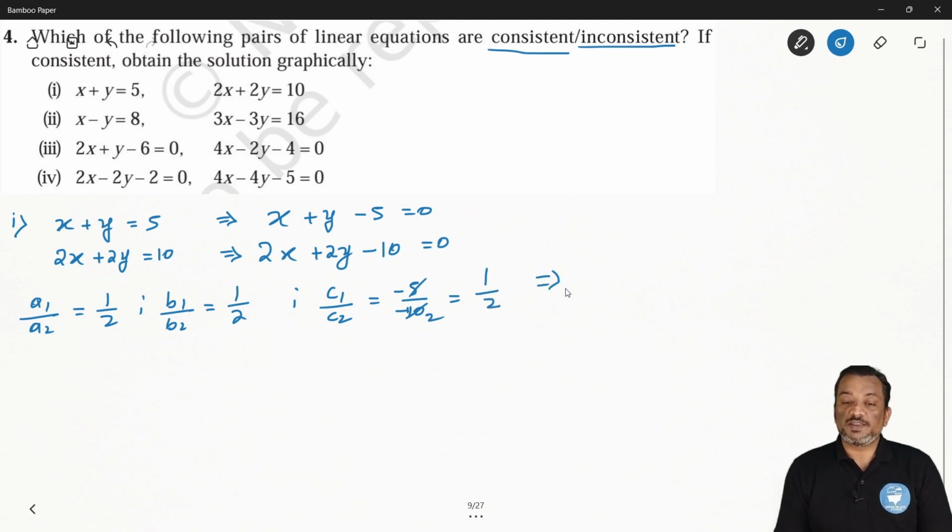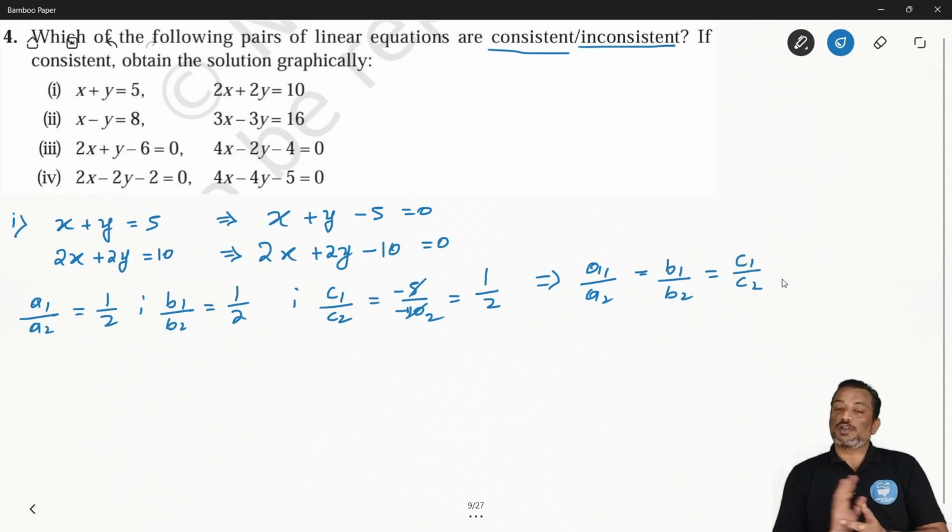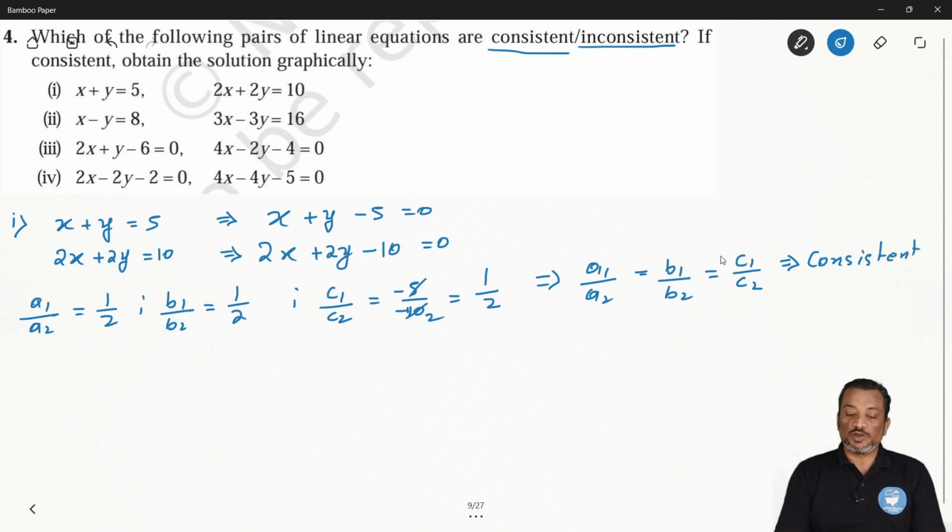So which means a1 over a2 is equal to b1 over b2 is equal to c1 over c2. So all the ratios are the same, so we will say it is consistent. And consistent means they have infinite solutions and they are also coincident lines. Okay, so we will solve the solution and graph.